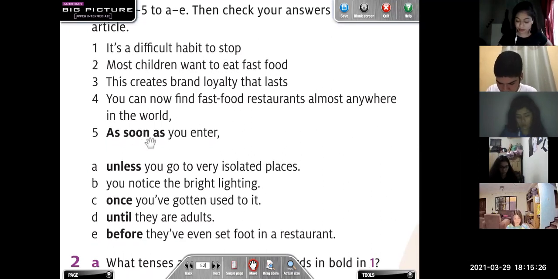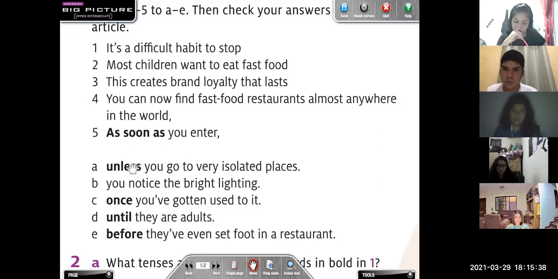As you can see, if we write the expression at the beginning of the sentence, we need to use a comma to separate these two clauses. But if we write the subordinate clause at the end, we don't need to use a comma, okay?